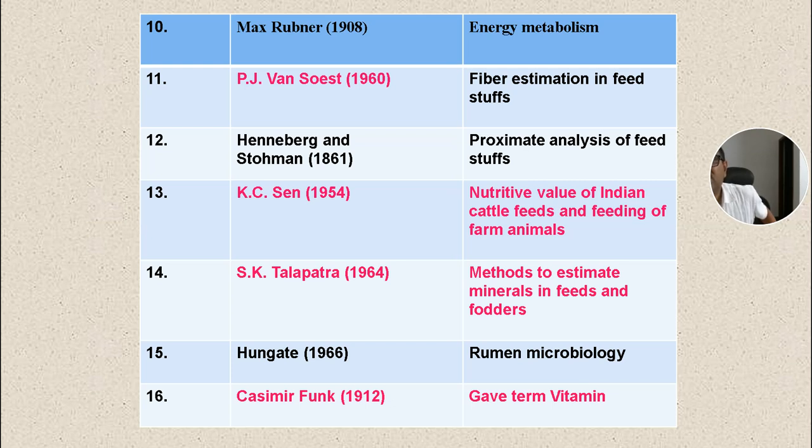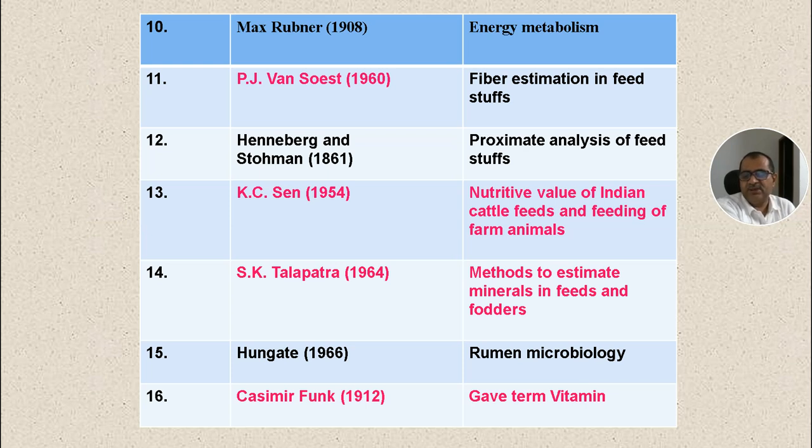K.C. Sen in 1954 found the nutritive value of Indian cattle feeds and the feeding practices, how we feed the animal. Then S.K. Talapatra found methods to estimate minerals in feeds and fodders. Whereas rumen microbiology has been studied by Hungate.